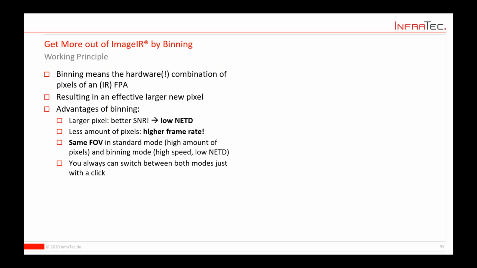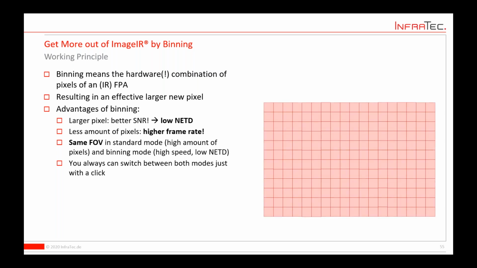Another aspect which is quite nice in our latest development, the Image IR 9400, is the so-called binning feature. That means that we bin 2x2 pixels together on a hardware basis. This leads to an increase in thermal sensitivity, but also in the achievable frame rate. The boost in frame rate is even higher than what you get when you use such a detector in a subframe, so this is really edging out the detector again.